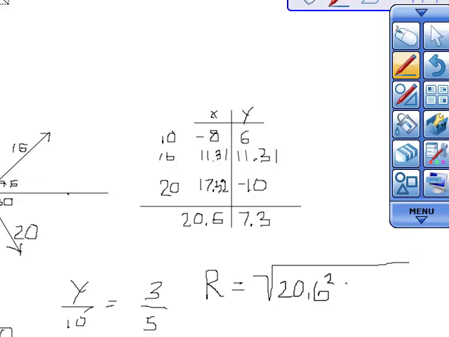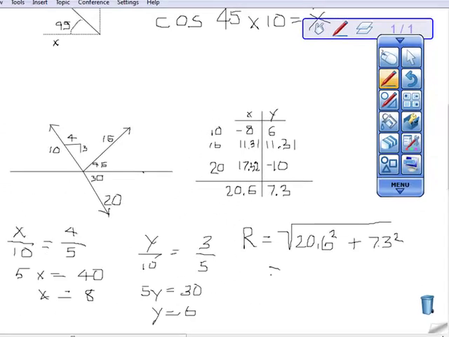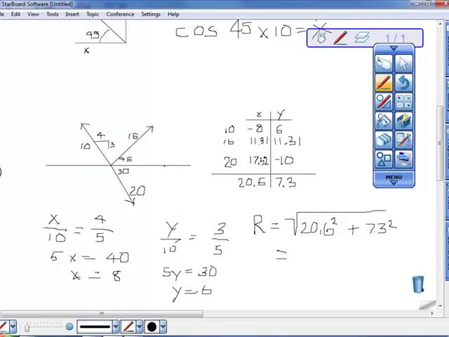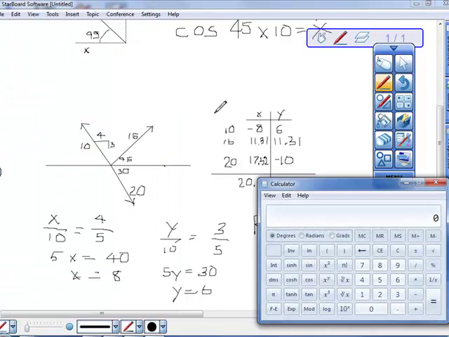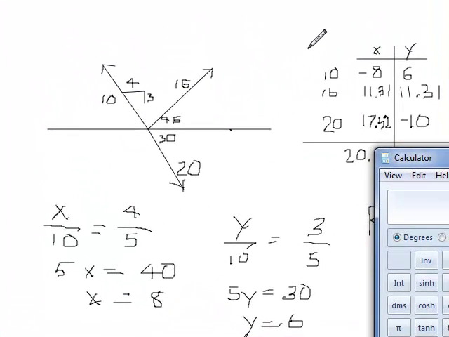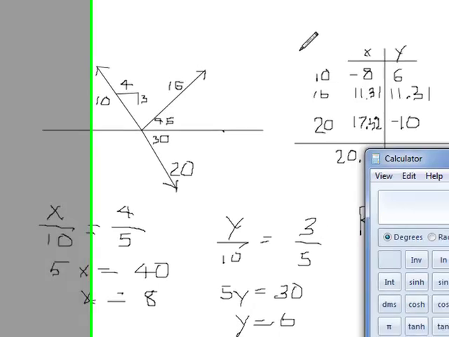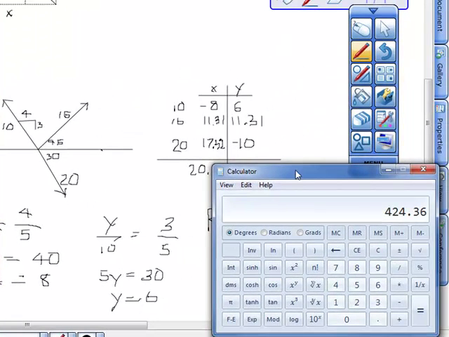So this is just a mathematical way to figure it out. Get your calculator: 20.6 times 20.6 equals 424.36.